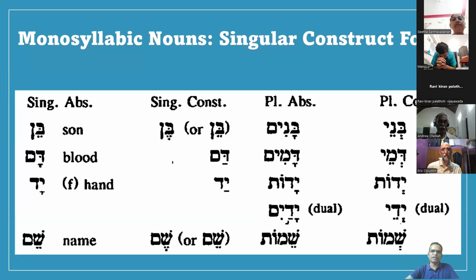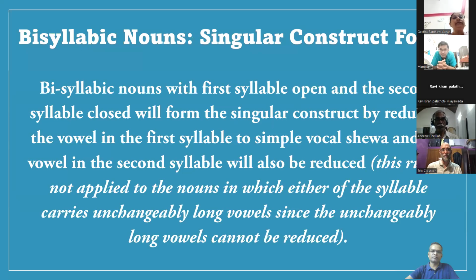Now coming to the bisyllabic singular noun. For example, Davar is a bisyllabic noun. Melek is a bisyllabic noun. Eretz is a bisyllabic singular noun. So when they appear in the construct state, what will happen? Bisyllabic nouns with first syllable open, Da, the second syllable closed, var, Da-var.